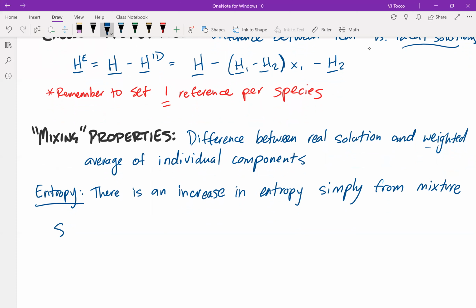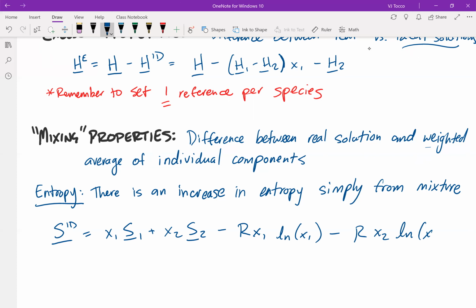But the ideal entropy is the weighted average at first. So x1 times S1 plus x2 times S2. But then there's also some additional parts. So minus R x1 ln of x1 minus R x2 ln of x2.